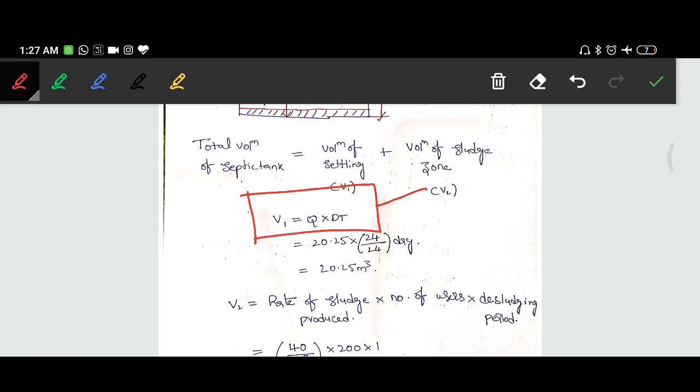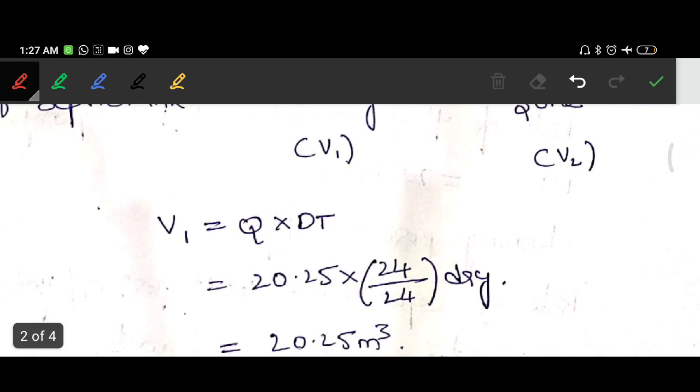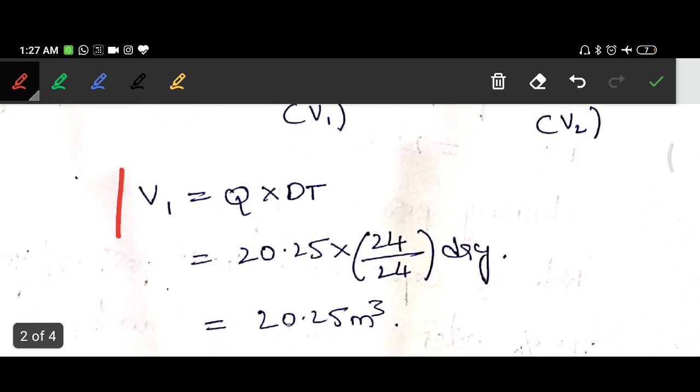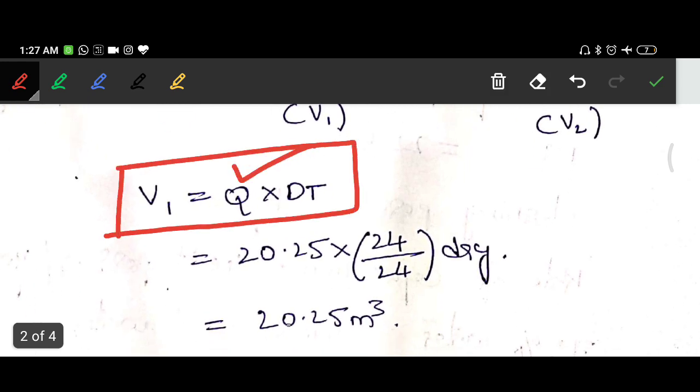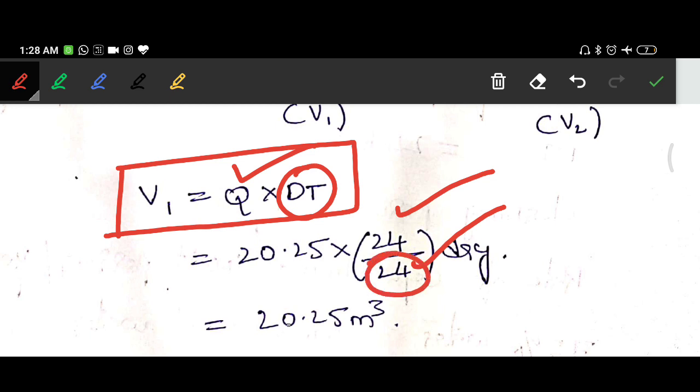Q, we already know, is 20.25 meter cube per day, into detention time, which is given as 24 hours. To convert into meter cube per day, we divide by 24, since there are 24 hours in a day.